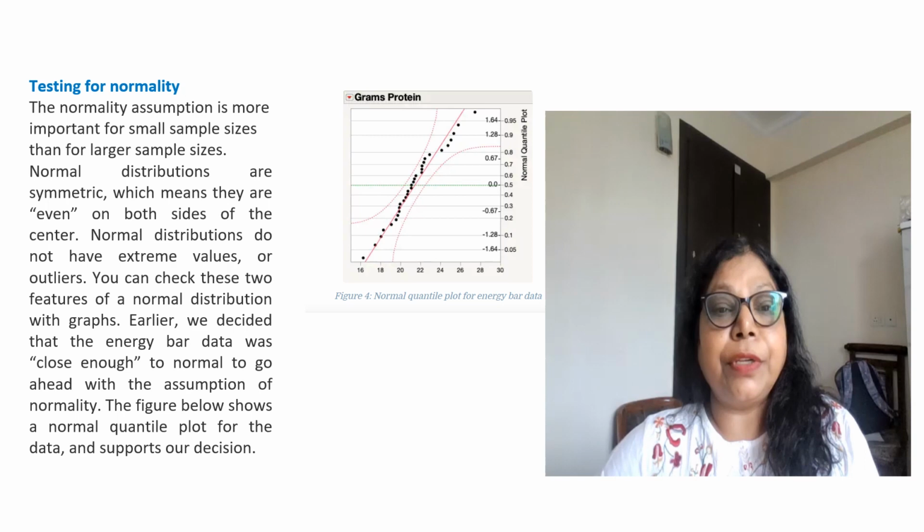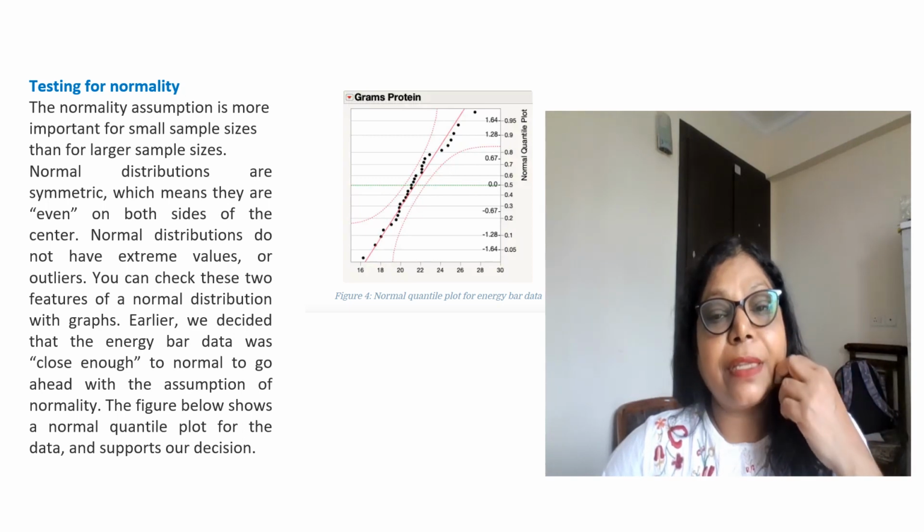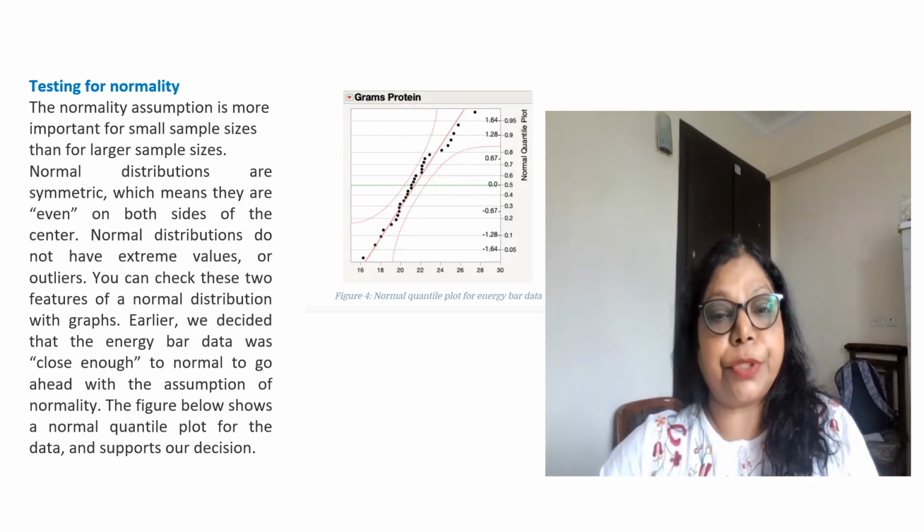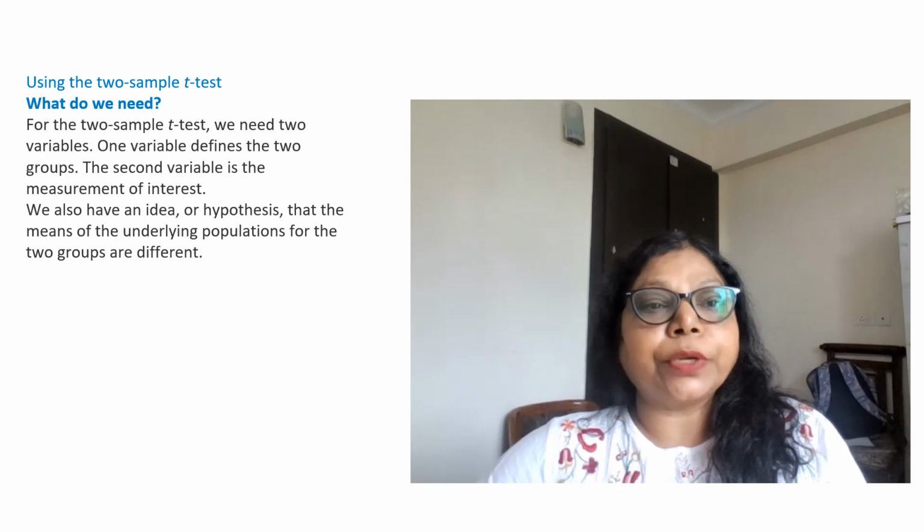Here we cannot reject the hypothesis of a normal distribution, and we can go ahead with the assumption that the energy bar data is normally distributed. When we are doing it with the software, the goodness of fit test also comes in. We can see from the goodness of fit test whether the data is normally distributed.